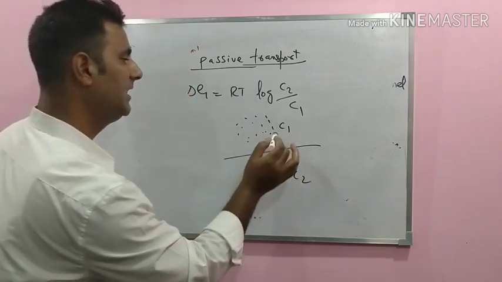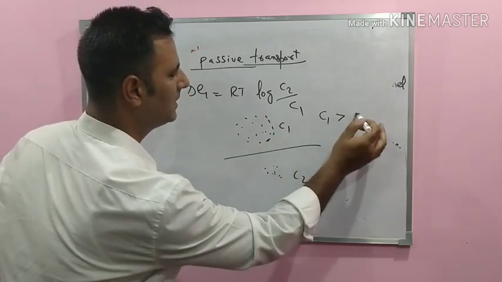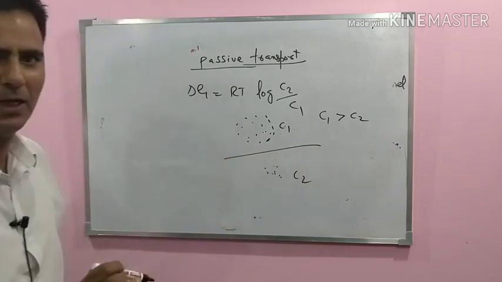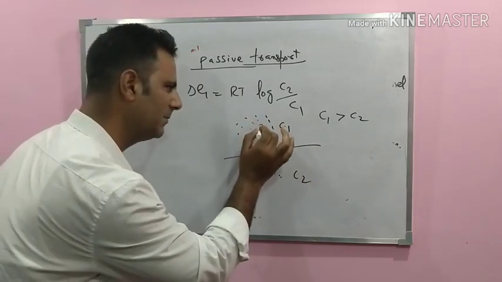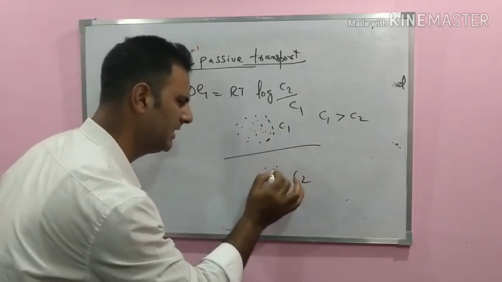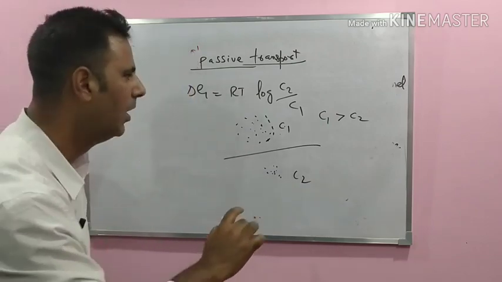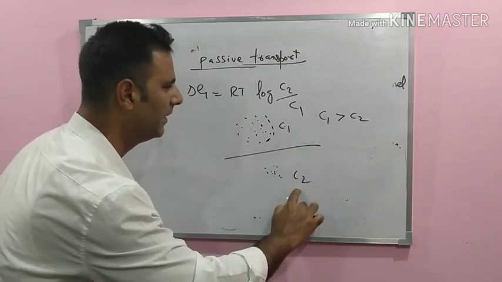If C1 is greater than C2, the concentration of that substance is higher here and lower here.